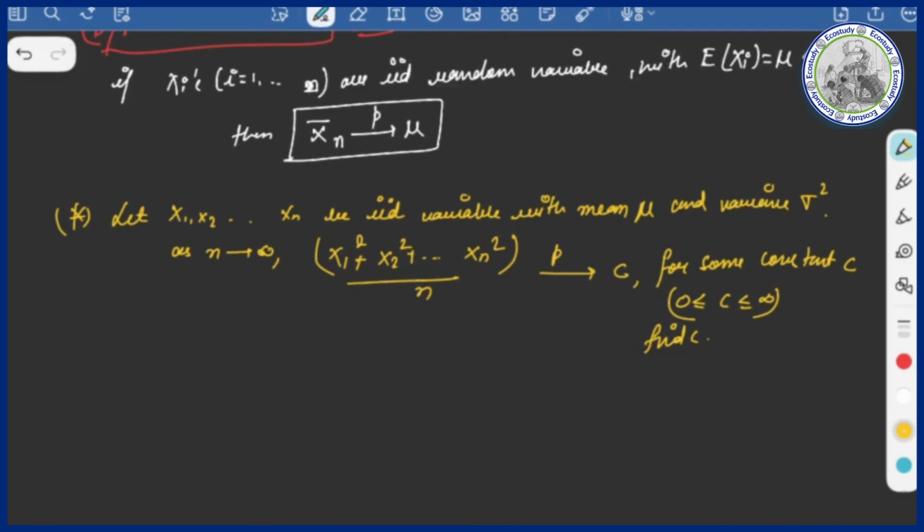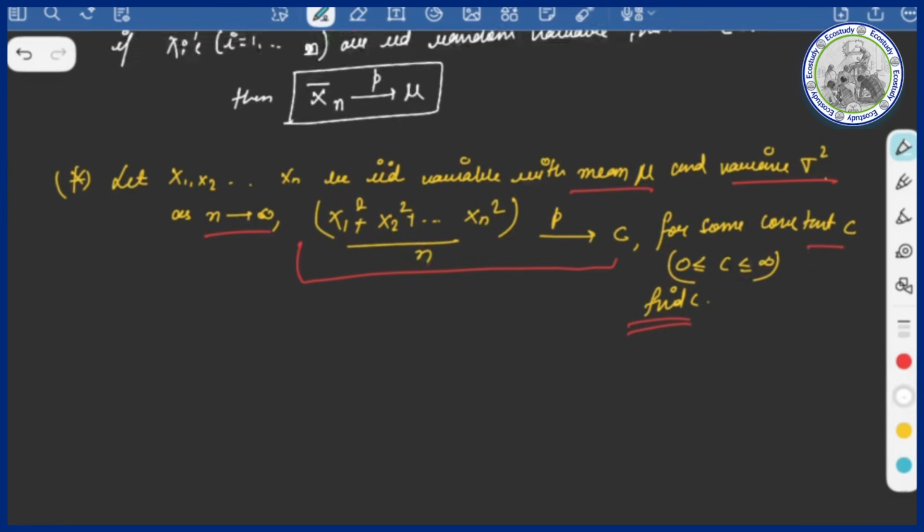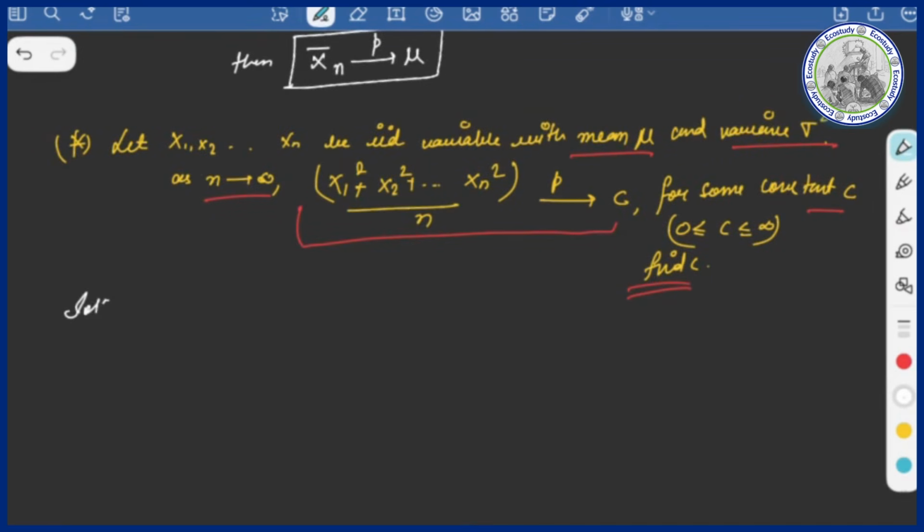What does this question mean? If X1, X2 and Xn are IID random variables with mean mu and variance sigma square, and n tends to infinity, you have to show that (X1 square plus X2 square dot dot dot Xn square) divided by n will converge in probability to some constant, and you have to find the value of c. Okay, so let's solve it.